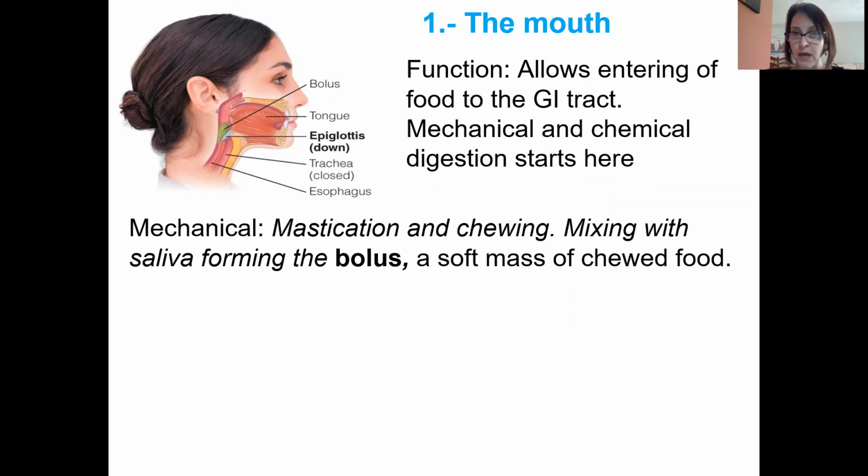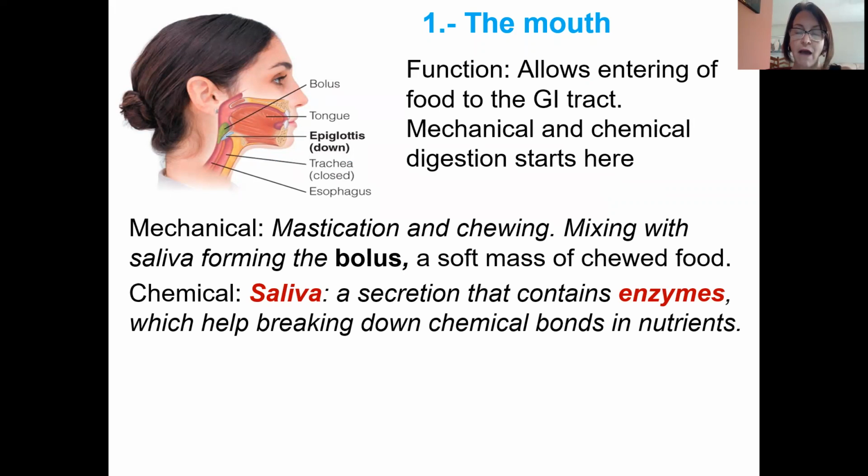In the mouth, we also will have some chemical digestion with the help, for example, of enzymes that are in saliva, and this will help us to break down some chemical bonds, particularly, for example, in carbohydrates.